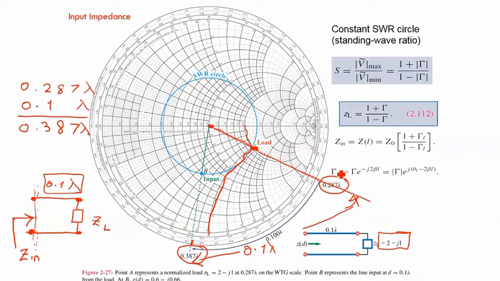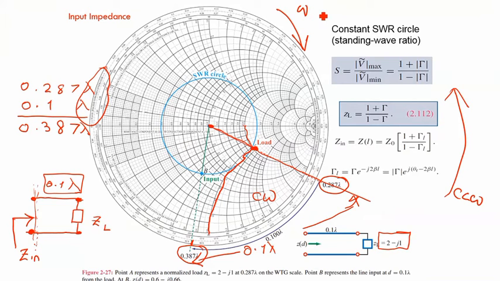Why haven't we gone in the counter clockwise direction? We have moved in the clockwise direction, because you can see over here that it is written wavelength towards generator.